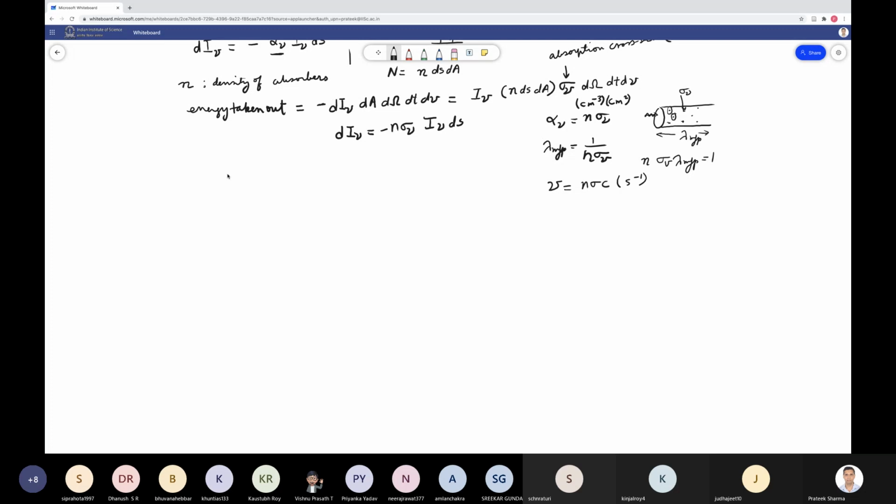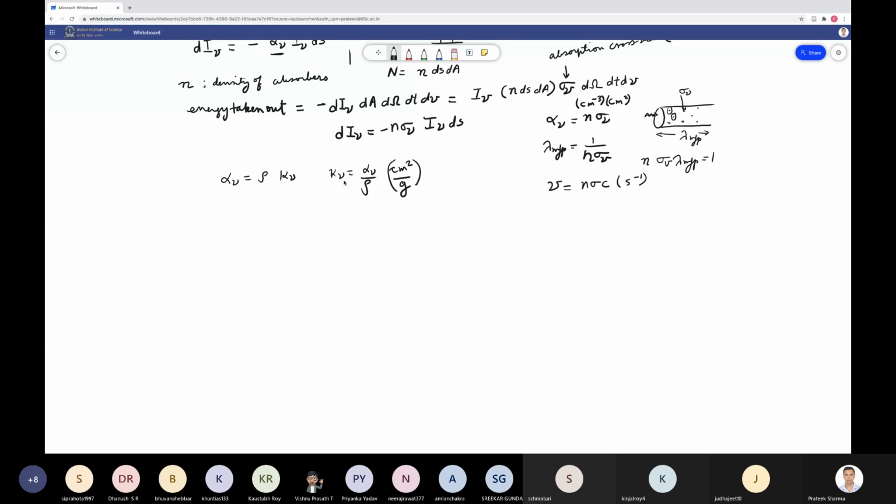Sometimes people also talk about something called mass absorption coefficient or opacity coefficient, which is defined as kappa nu. Kappa nu is equal to alpha nu by rho, which has units of centimeter squared per gram, because alpha nu is per centimeter and rho is grams per centimeter cubed.